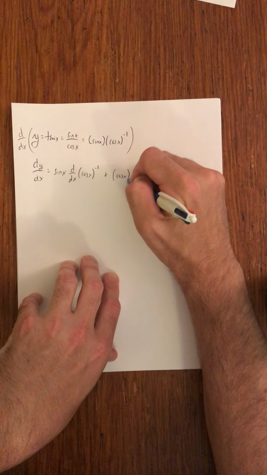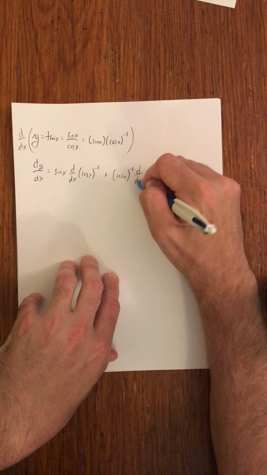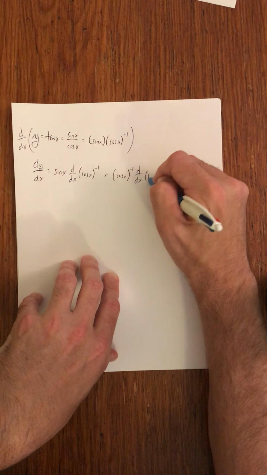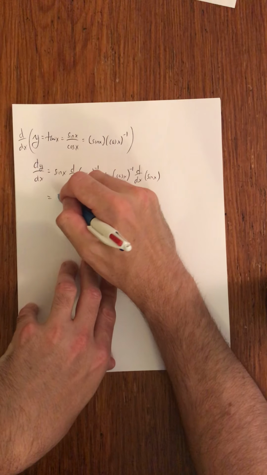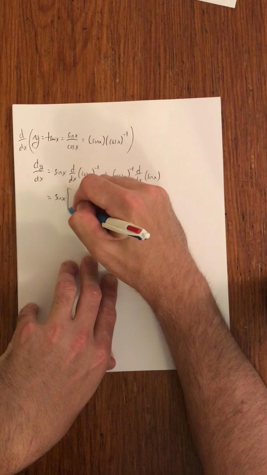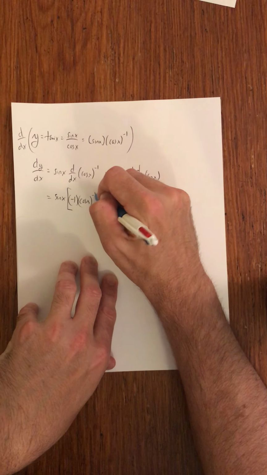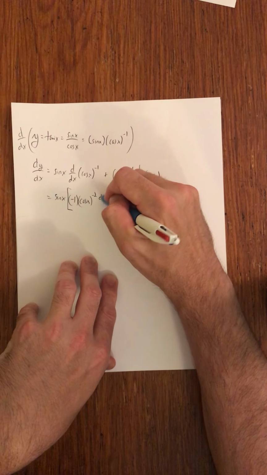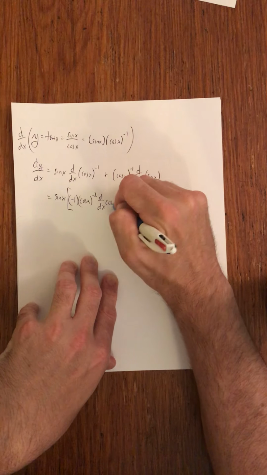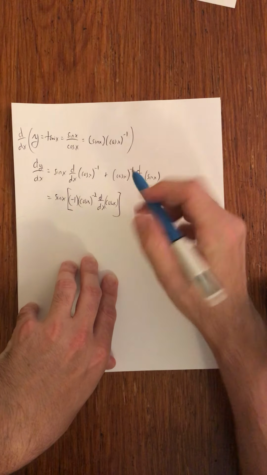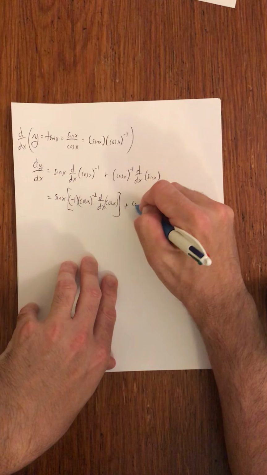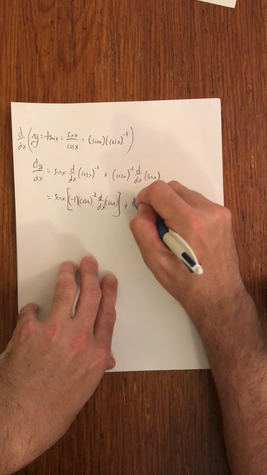Nothing changes about our format or our process just because we're dealing with transcendental functions. Great. So I've got sine of x, and then brackets, negative 1, cosine of x to the negative 2, and then the derivative with respect to x of cosine of x. Okay? Right? And then plus cosine of x to the negative 1, and then the derivative of sine of x we know is cosine of x.